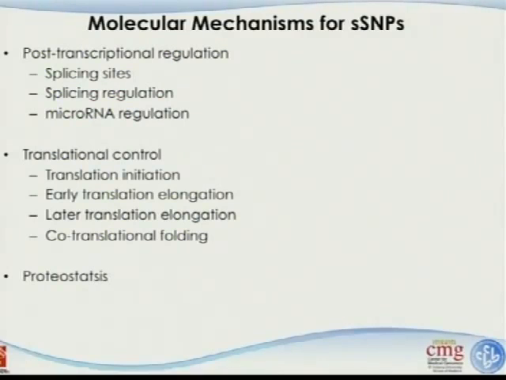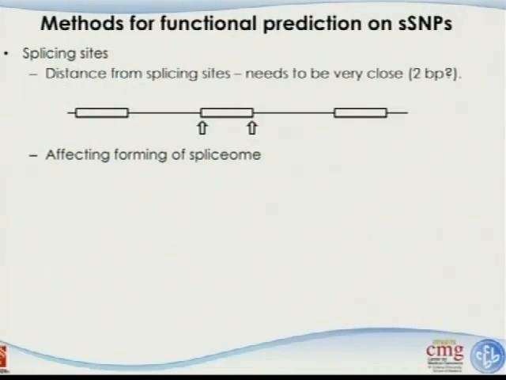And sometimes it changes the protein stability as well. Okay? So even though they don't change amino acid sequences, they can have a pretty big effect on the cells we're working on. So now let's go through the methods to study functional predictions of synonymous variations.